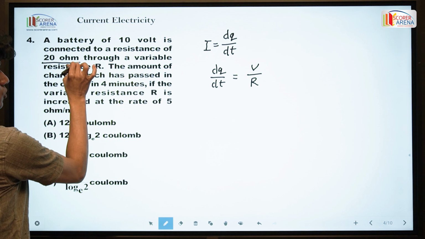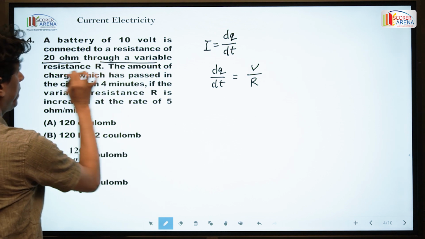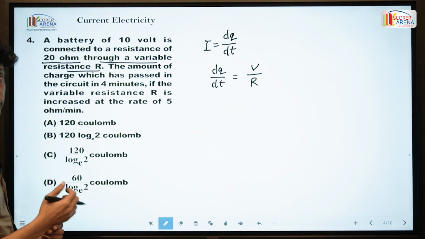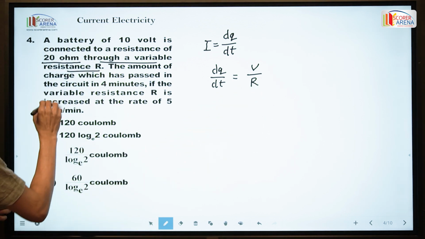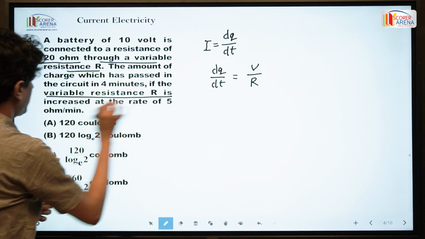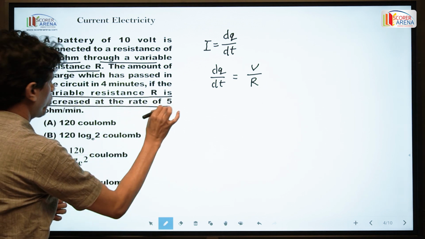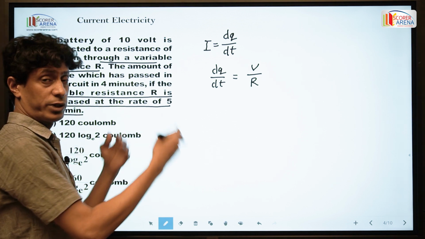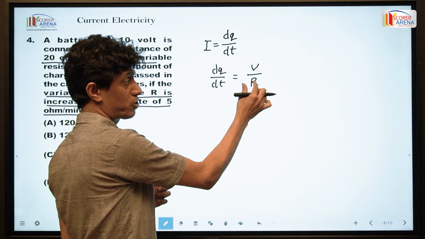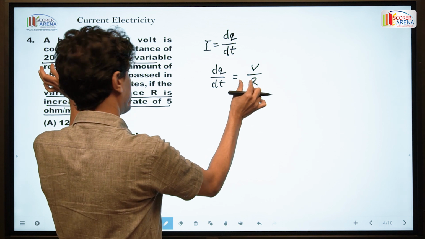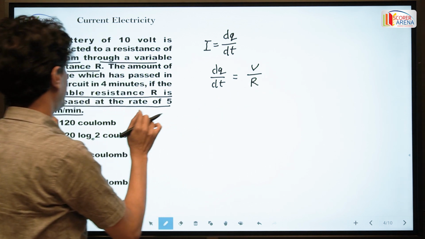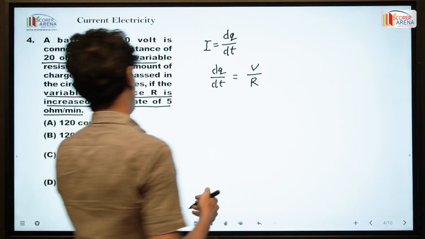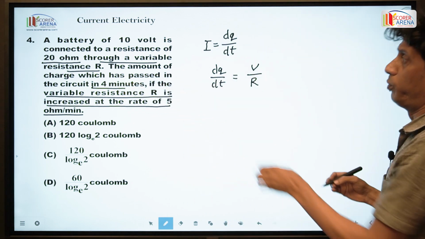Initially the resistance is 20 ohm through a variable resistance R. So this resistance is variable. If the variable resistance R is increased at the rate of 5 ohm per minute, so the resistance of the conductor R starts from 20 ohm, and finally after 4 minutes the resistance becomes 40 ohm.